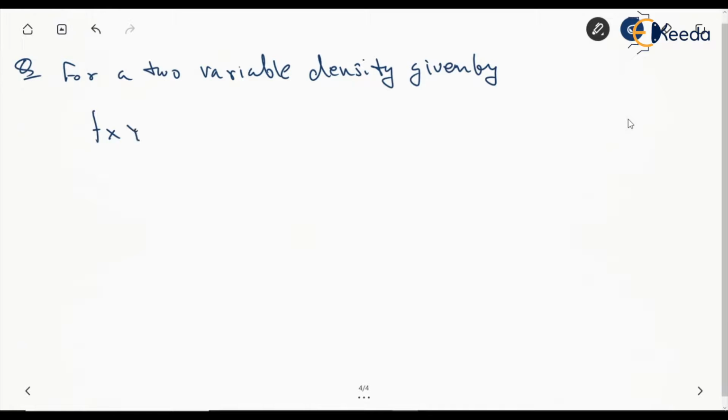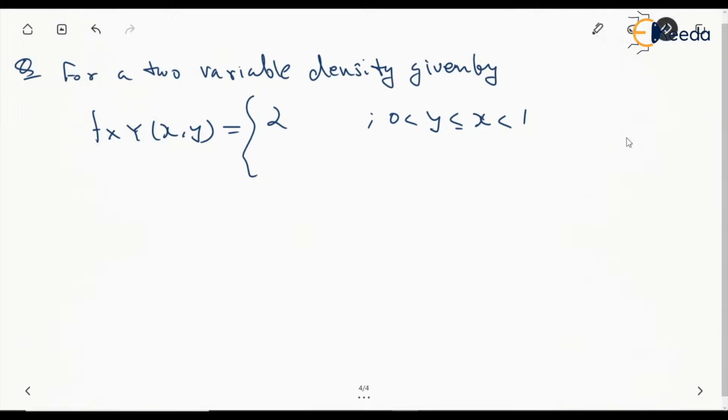It is given as, for a two variable density given by f of x, y as x comma y, 2 if it is in this range, and it is 0 otherwise.